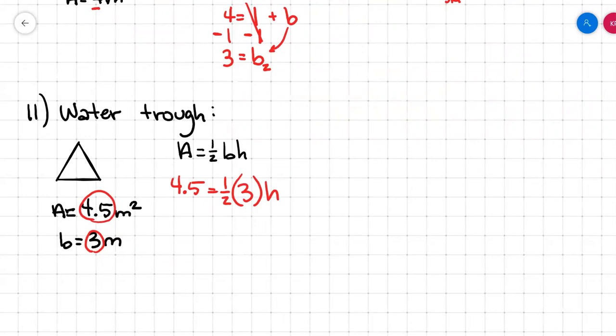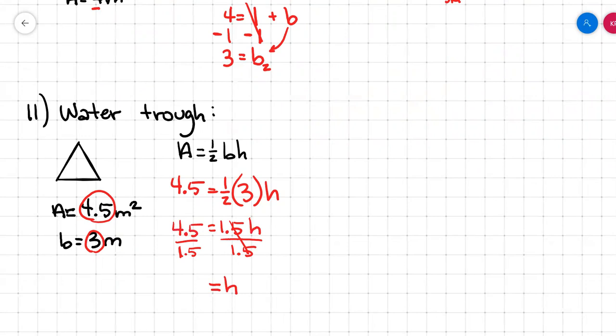So we can go half times 3 is 1.5, which you did in your calculator or in your head, because half of 3 is 1.5. Okay, how do we get rid of the 1.5 next to the h to get h by itself? Anyone? You divide, yes. So you divide by 1.5. We're left with just h over here.